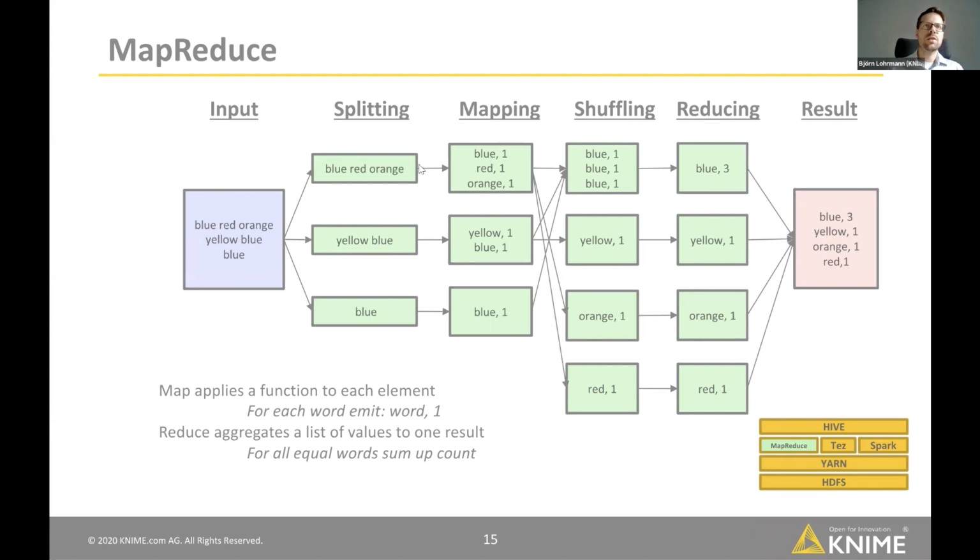Because you're doing this in parallel on different machines and on all the blocks, you'll get a lot of duplicate words that have the value 1 assigned to them. For example, the word blue appears in this particular block, but also in this one.